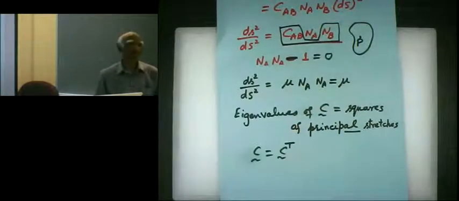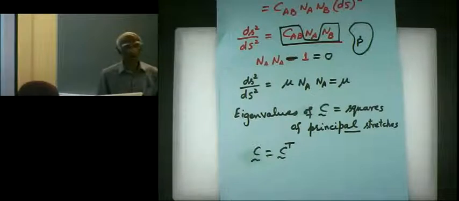See, little ds over big DS is the square root of the eigenvalue. And if the eigenvalue is 0, then the square root is also 0, which means little ds is 0. It's not allowed. By the same token, it cannot be infinity.